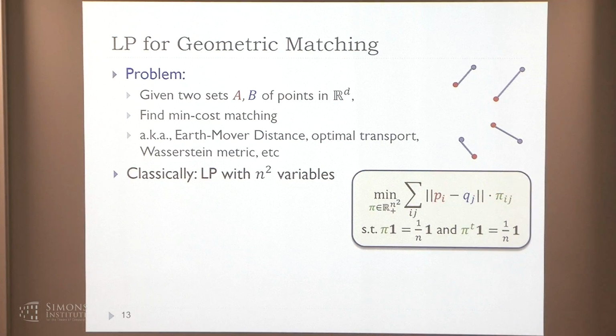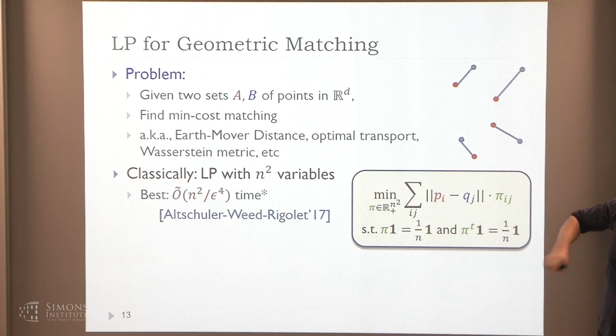If you set up the LP this way with n squared variables, the best you can hope for is linear time in n squared, roughly.